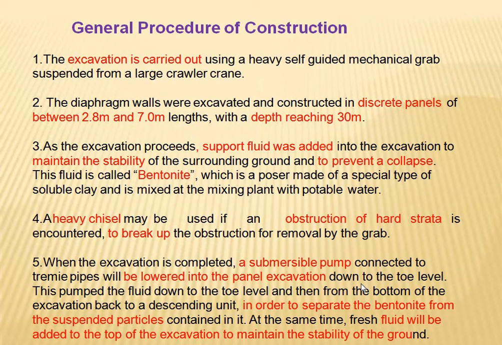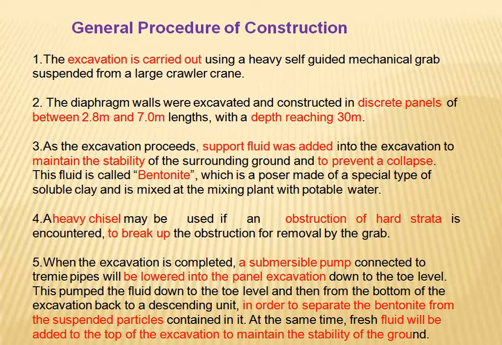See the procedure of construction of the diaphragm wall. How to construct? Initially, excavation is carried out to whatever depth and length we have to construct the diaphragm wall. For that area we have to excavate the soil or strata.